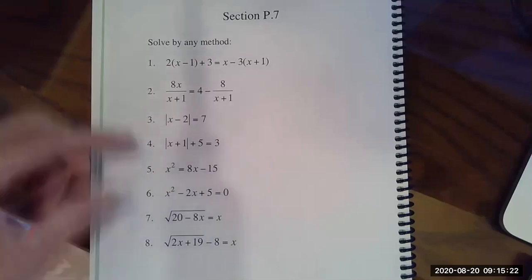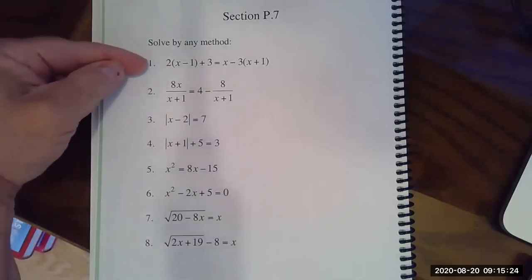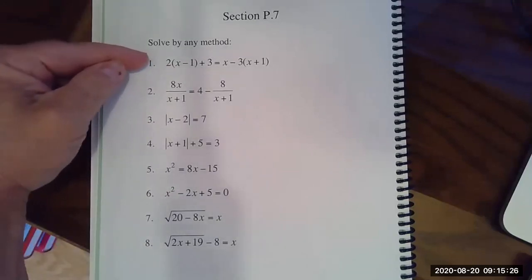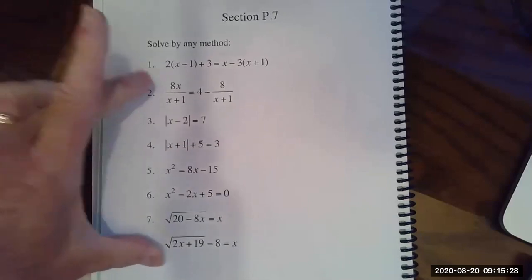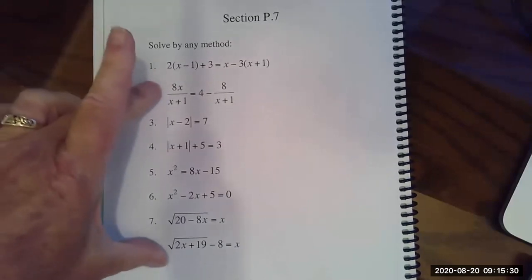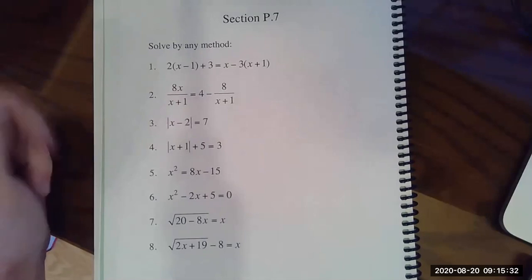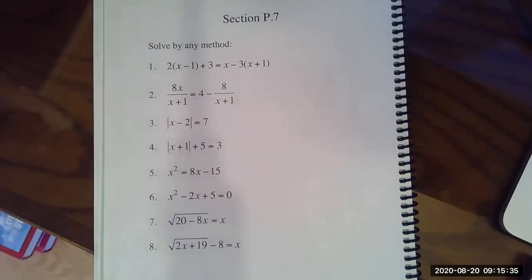So all the rest of them, really the only one that I know that I do for sure is this one now. And the rest of these are the advanced algebra in high school you might have gotten. So this is all review, nothing new. And let me find some scratch paper.